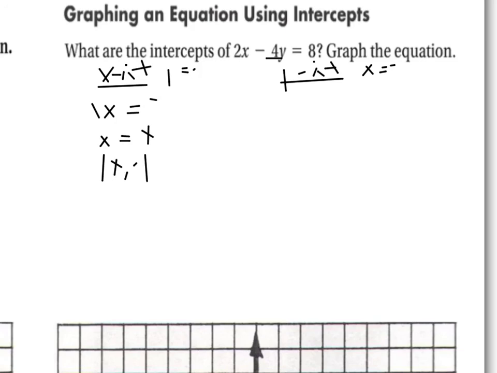Over here, if I put 0 in for x, I've got negative 4y equals 8. This part is gone, it's 0, because 2 times 0. So if I divide by negative 4, y is going to equal negative 2. Which means that I have a y-intercept of (0, -2).